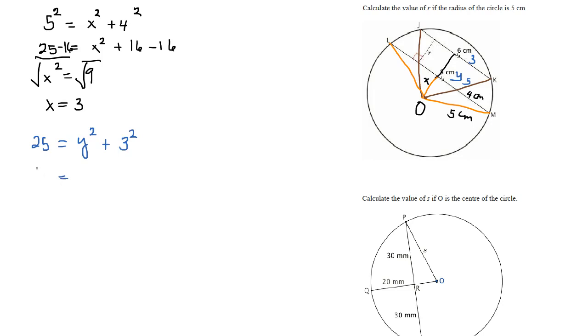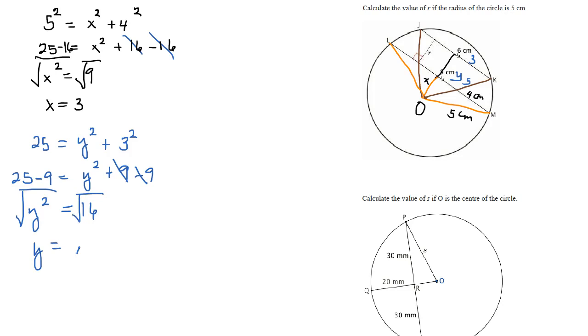Then y squared plus 9, and we subtract 9 from both sides of the equation. Then y squared is equal to 16. Taking the square root of both sides, y is equal to 4.